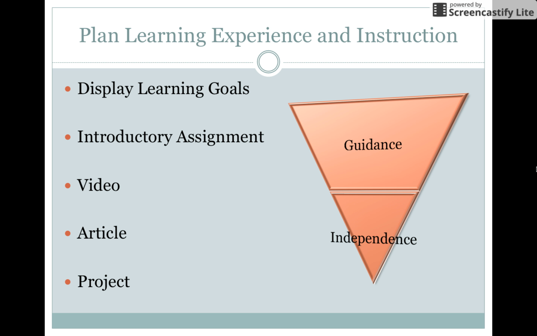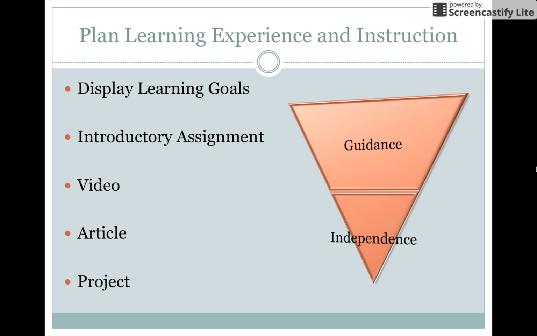And then they had a short introductory assignment where they were given a brief introduction into what ethics are and a little bit about the importance of ethics. Then they were asked to research definitions of ethics, business ethics, and the code of ethics, and create their own definitions based on their research.